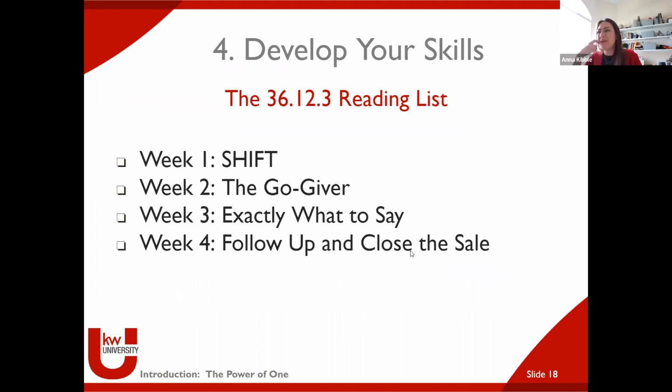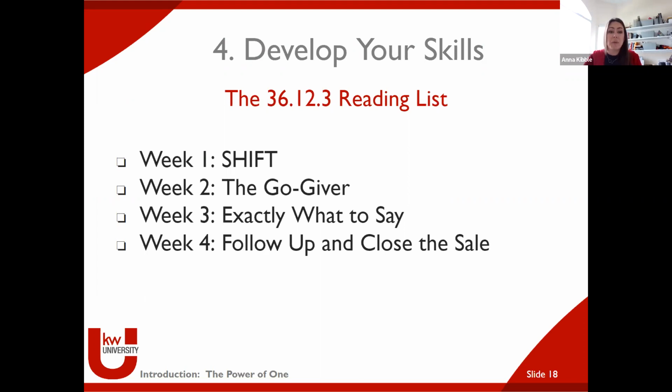If you need help on which books you're going to read, these are the ones that go along with what we're doing here. Shift by Gary Keller. All of my books are all at the office, which I currently am not. So Shift is the foundational course. Everything that we've talked about in 36-12-3 really is in support of those shift tactics.